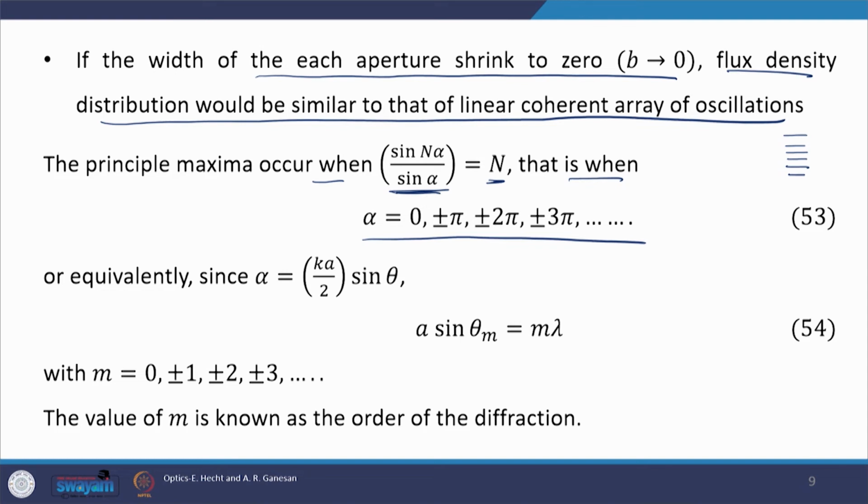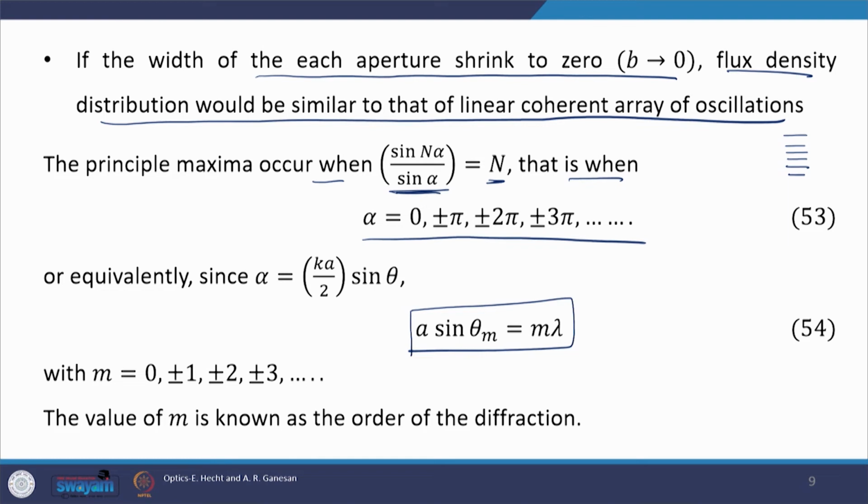Or equivalently, since alpha is equal to k a by 2 sin theta, from this expression a sin theta m is equal to m lambda. This gives the principal maxima where m is an integer, and the value of m is known as the order of diffraction.